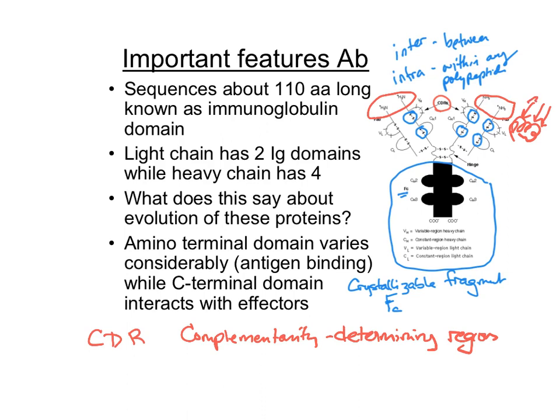So if you think of it as maybe they create little barbs, that's going to allow it to bind to something that has grooves for those little barbs. It's not a very good picture, but think of it as a key and a lock. The key fits in the lock, and these complementarity determining regions are the key that can fit in the lock of the antigen.